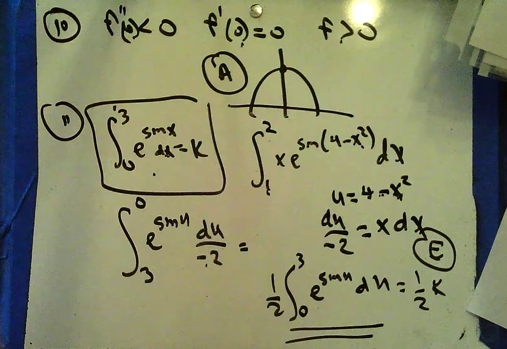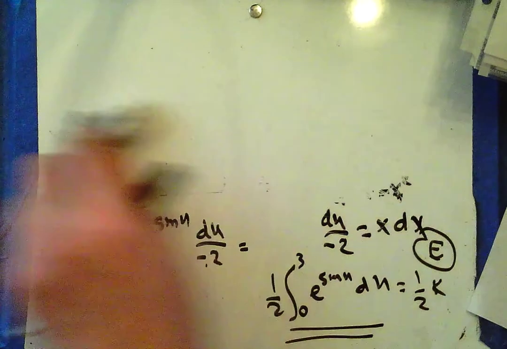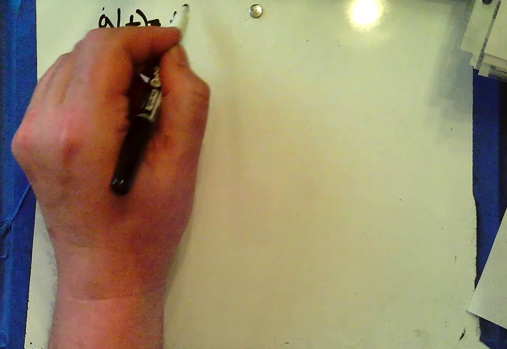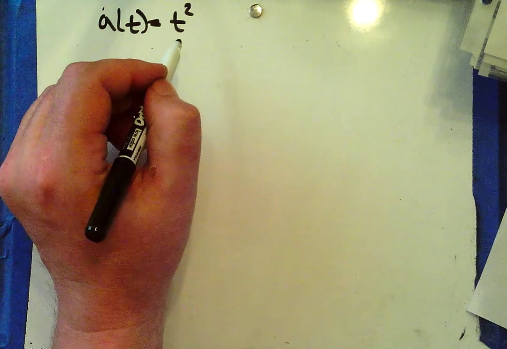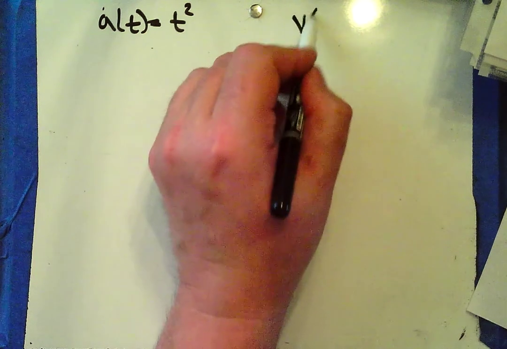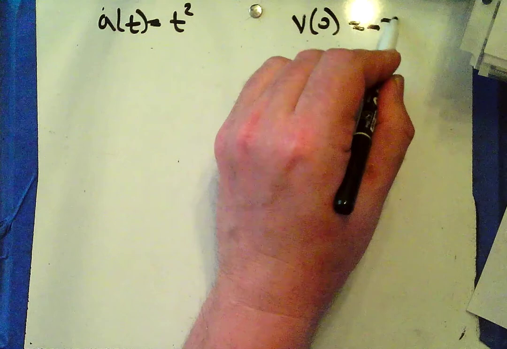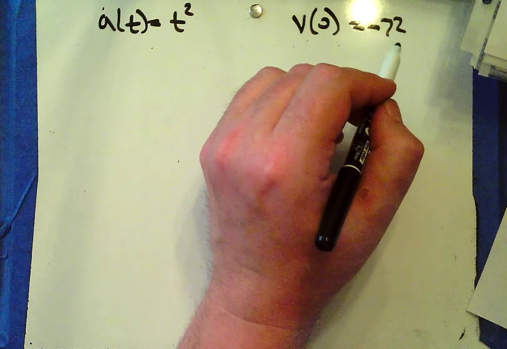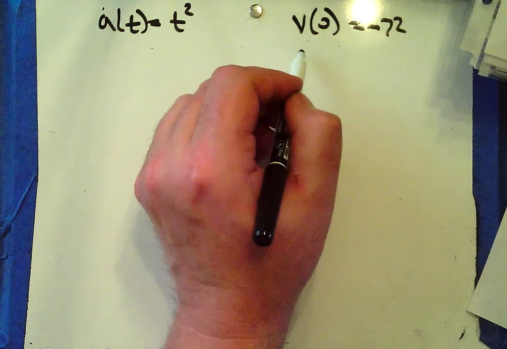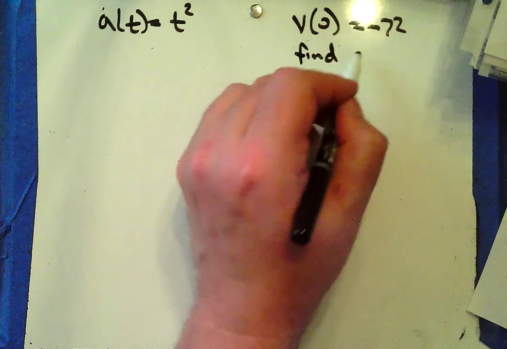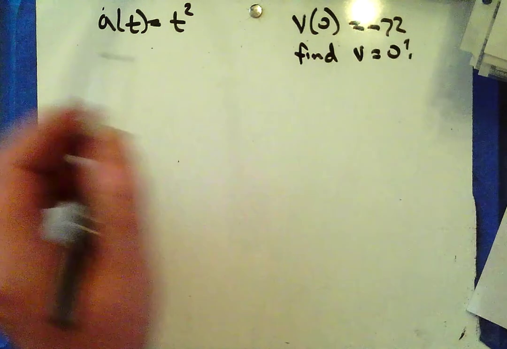Great. Problem number 12. Let's take a look at 12. An object moves in a straight line with acceleration a of t equals t squared. Find the initial velocity; v of 0 is negative 72. At what time does the object change direction? So find v equal to 0.